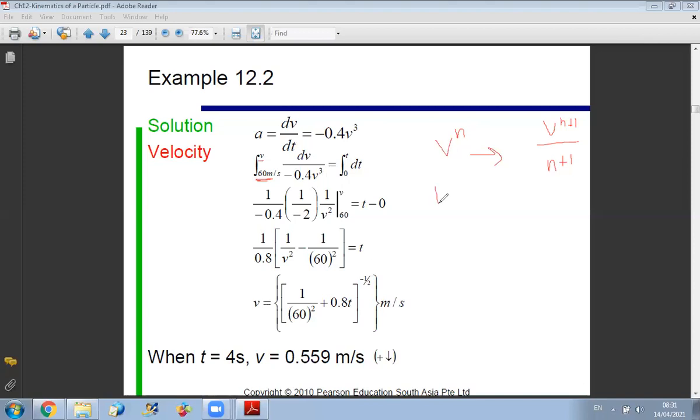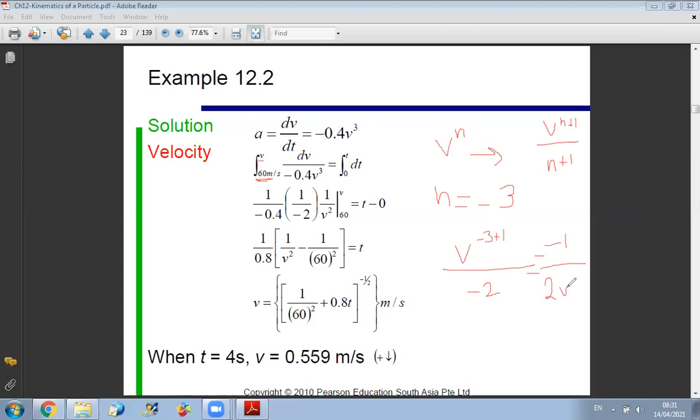Yes, exactly. So here n is equal to minus 3. Because n is equal to minus 3, the integration will be v to the power minus 3 plus 1, so it's v to the power minus 2 over n plus 1, which is minus 2. So the integration will give you minus 1 over 2v squared.